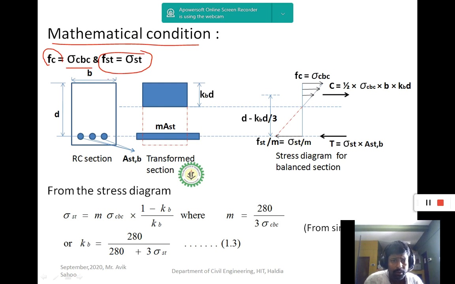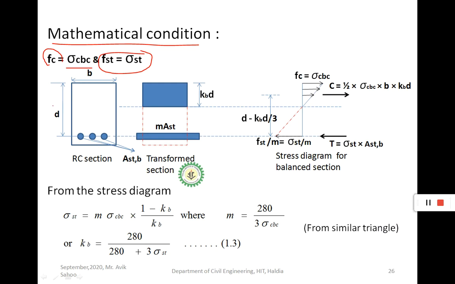Now this is the section where this amount of steel is A_st,b. Here b means the balanced section, and A_st means area of steel. So b is the width of the beam and d is the effective depth of the beam.